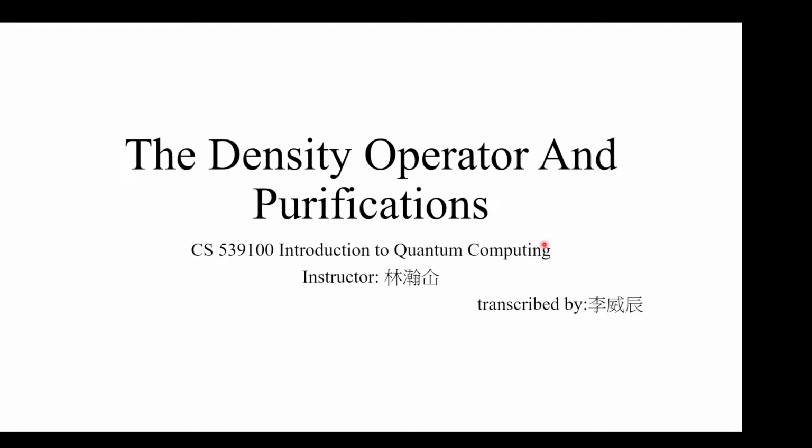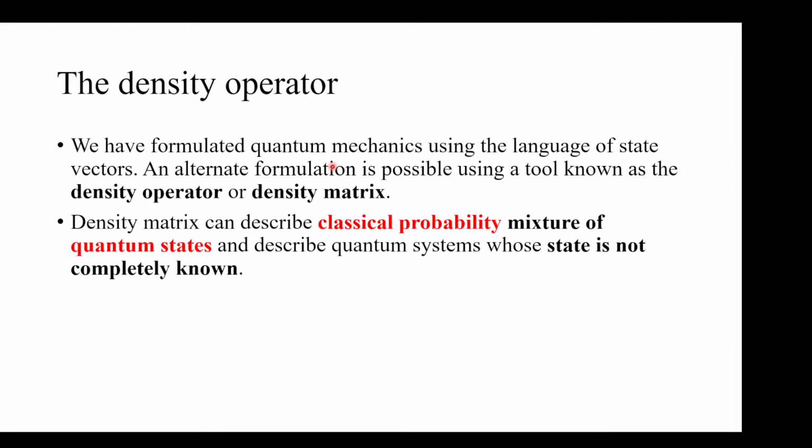So we are going to talk about the density operator, or density matrix. I guess teleportation serves as a good way to motivate our density operator. Remember, in the middle part of the teleportation protocol, Bob is going to hold a really weird state.